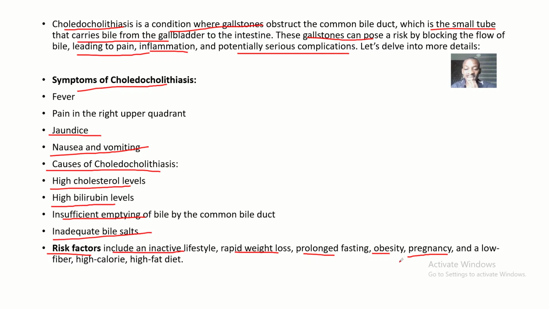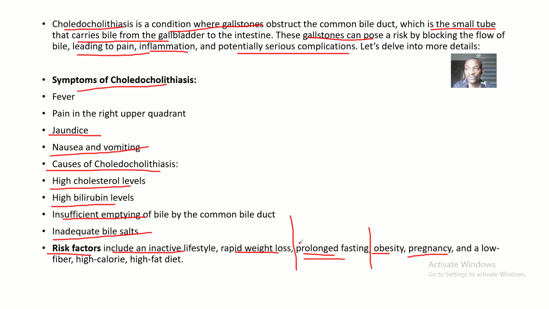I think this one was supposed to be divided, right? So this one is divided from here. So this is us talking about the group of individuals that are at risk of having choledocholithiasis, right? So if you have prolonged fasting, sorry, this was a mistake.